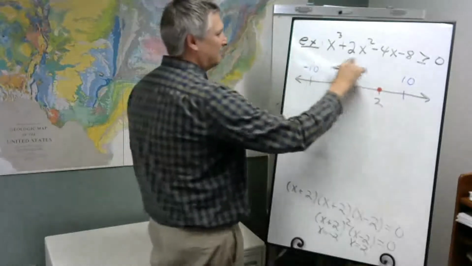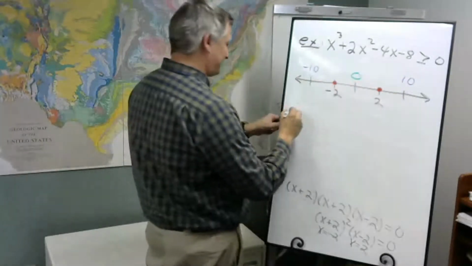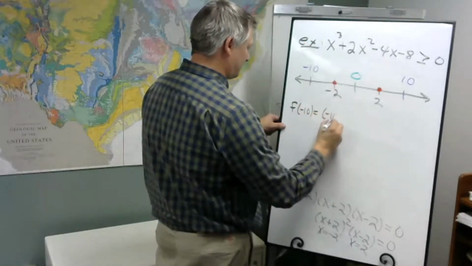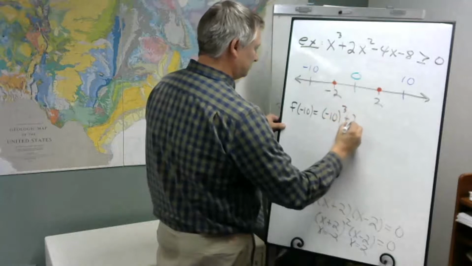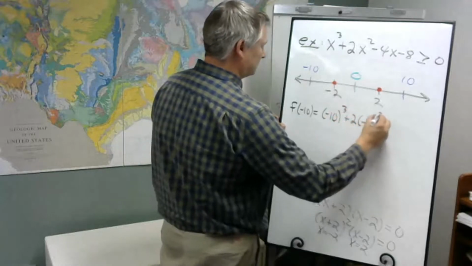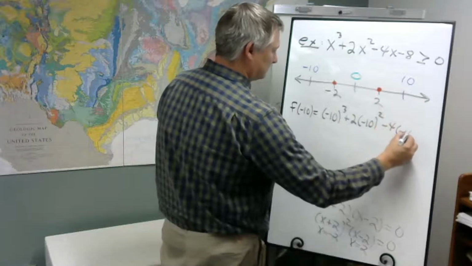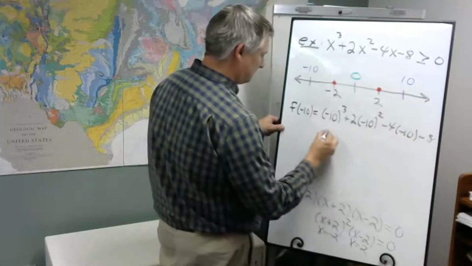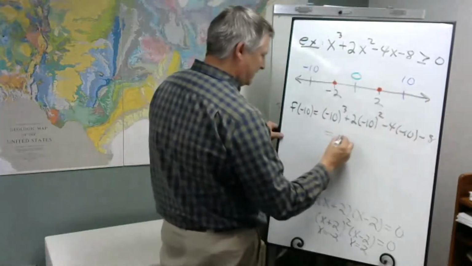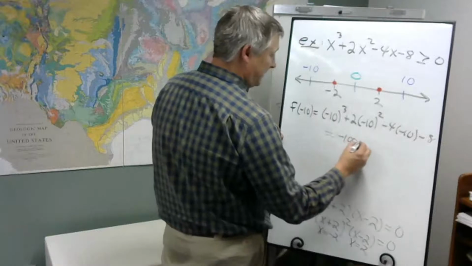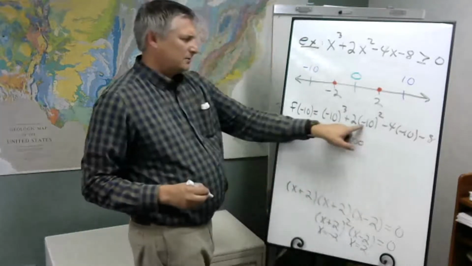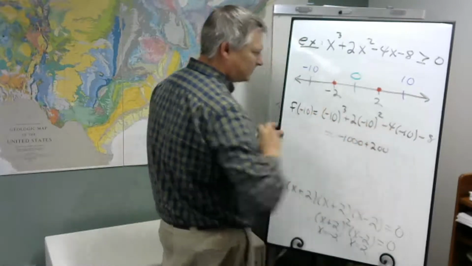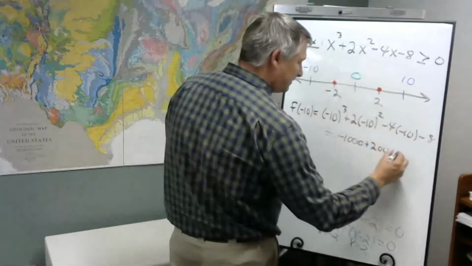So let's find f of -10. So we'll get -1,000 actually. This will be 200 times 100 times 2, 200. Negative times negative is positive, that's +40.